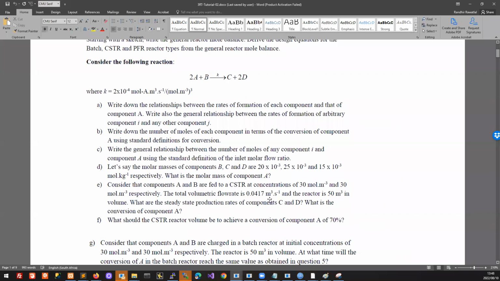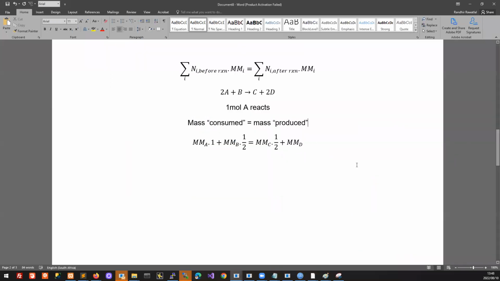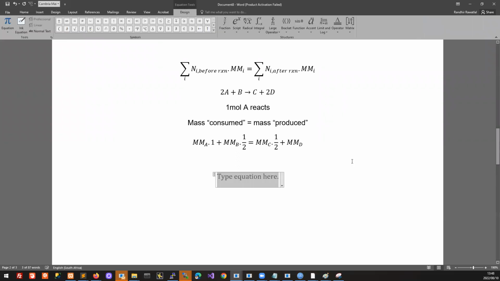So whenever we see something like this, the first thing we like to do is work out the space-time and just kind of sit back and think, how long does it take to move through this reactor? So we can say our space-time tau equals V over Q. So remember what we said, we can think of tau as the time taken for that volume to pass through in that flow rate.